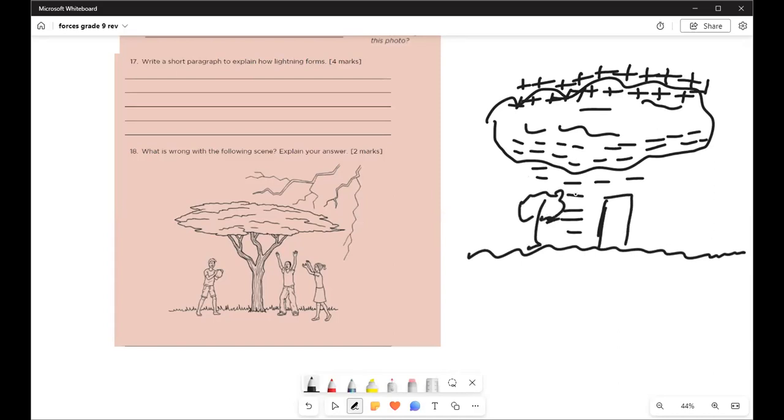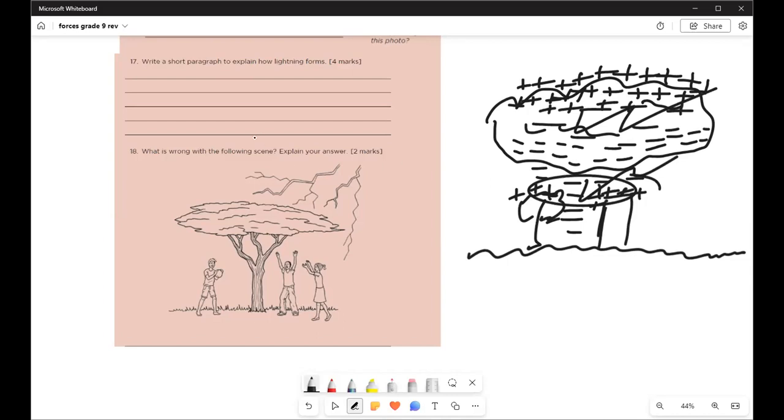If there are positive charges on top of the buildings, they are going to attract these negative charges here. And this will form lightning, right? Also inside the cloud, as the charges build up, these positives and negatives are going to attract, forming lightning. And that is how lightning forms.